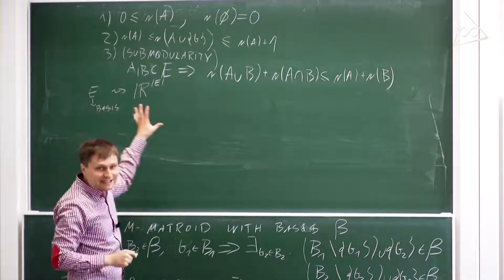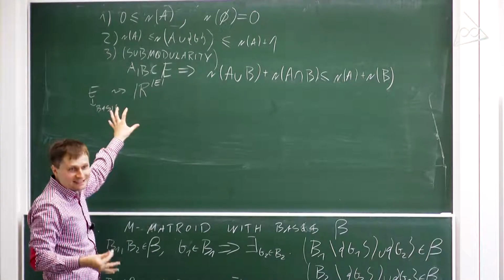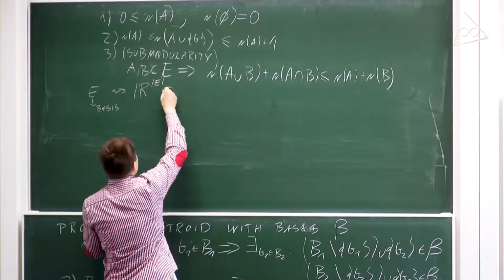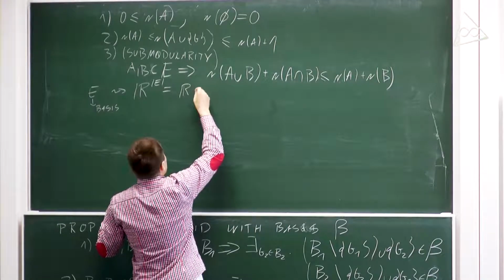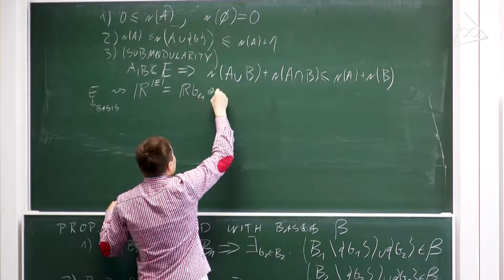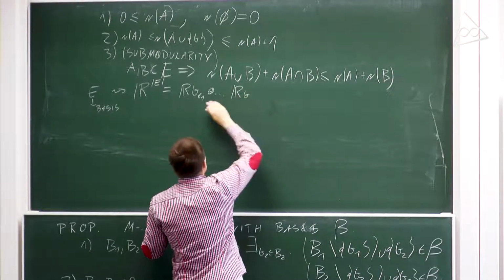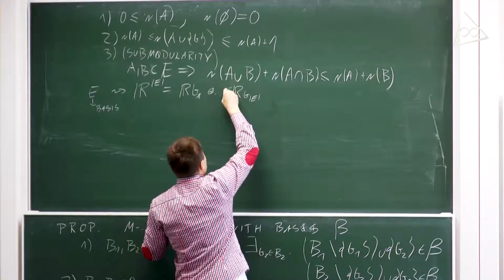So now when I say a basis, I don't mean like a matroid. I just mean a basis as a vector space, okay? So in other words, this is like our, let's say, R to the cardinality of E, with basis vectors e_1 and so on.